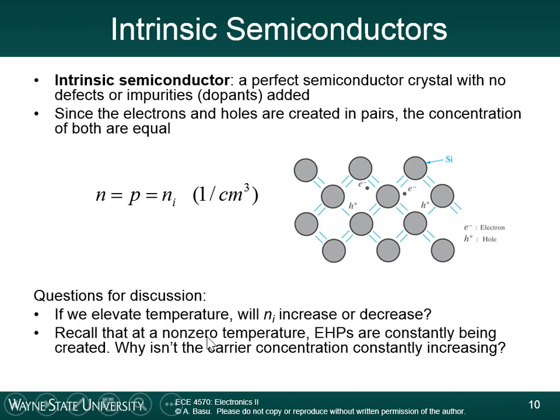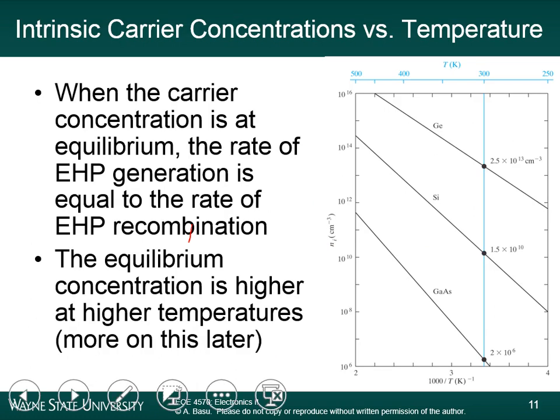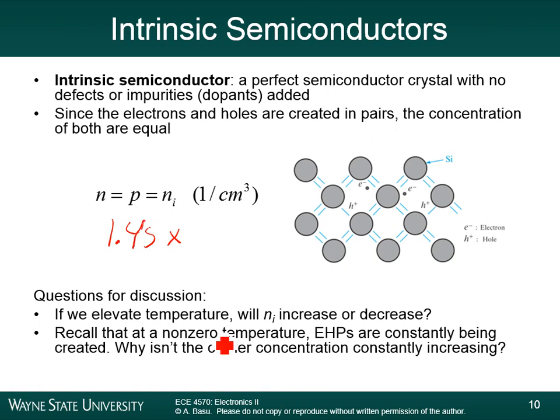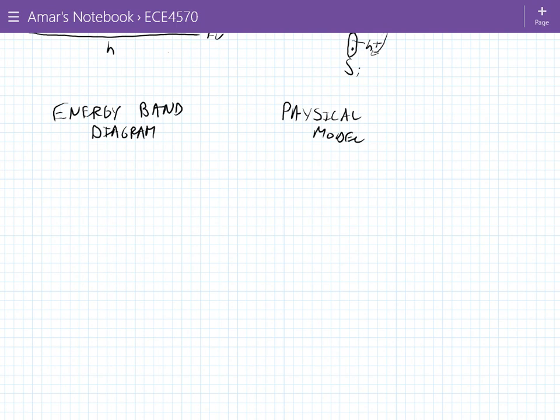Let me also write this down. Ni for silicon is equal to 1.5 times 10 to the power of 10 per centimeter cubed.